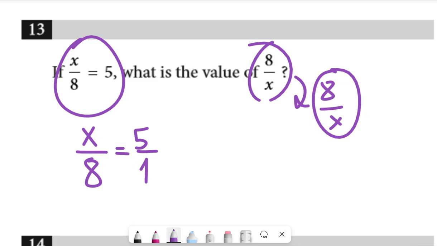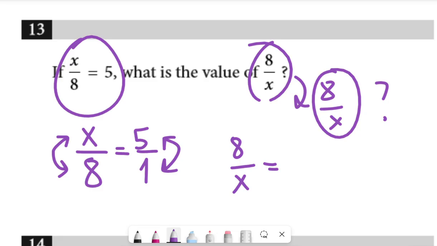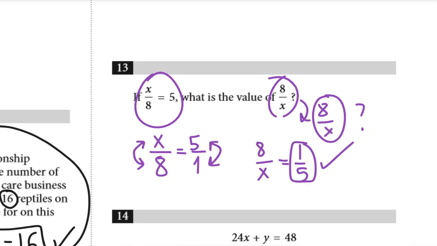We have x over 8, and we need 8 over x. So let's flip them, right? But then we have to flip the right side as well. So on the left side we have 8 over x, while on the right side we have 1 over 5. That's it, we are done. So 8 over x is equal to 1 over 5.